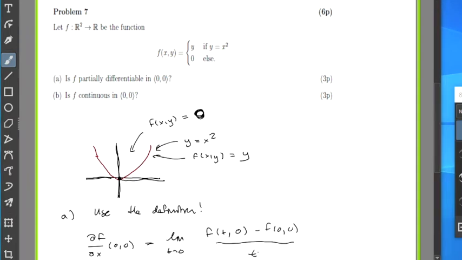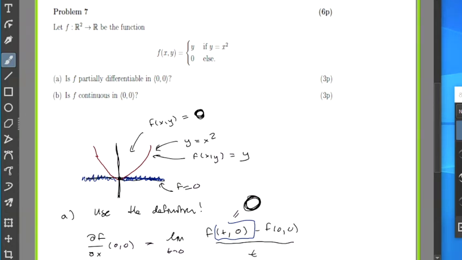Notice that when we're in a point t, 0, we're on the x-axis like this. Those are points in which f is equal to 0. So this means that f of t, 0 is equal to 0 for all values of t.